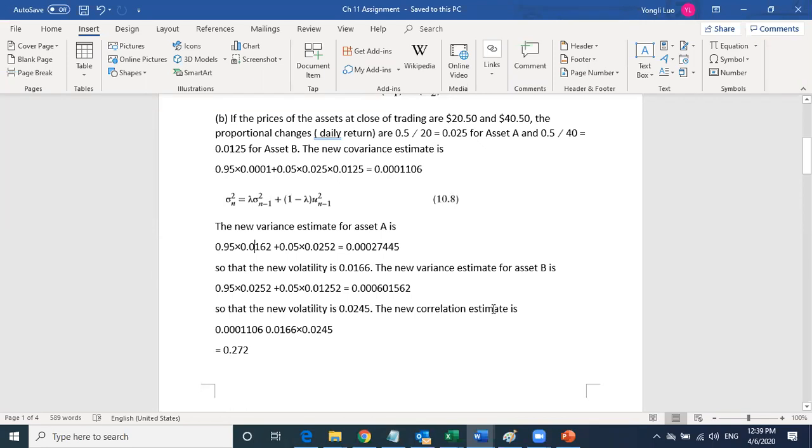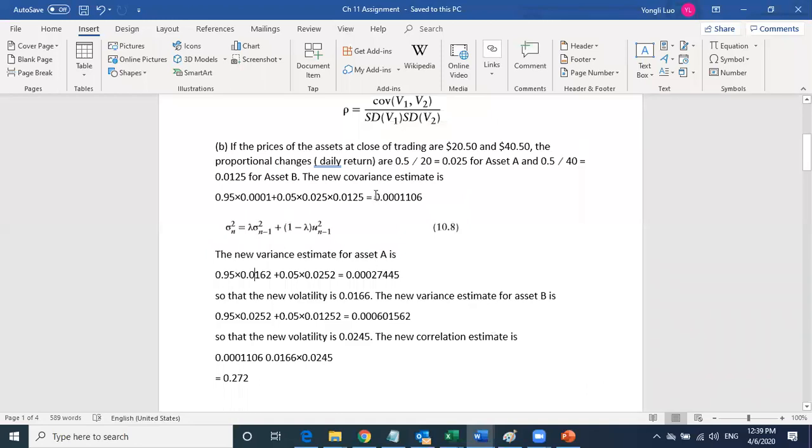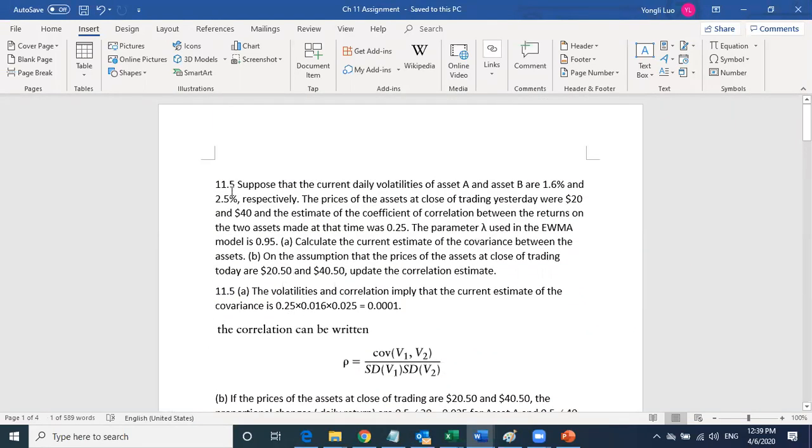Remember, the new correlation is the estimated covariance divided by the square root of the new variances. So that's how you get the answer for 11.5.